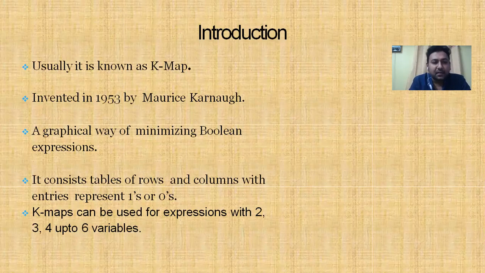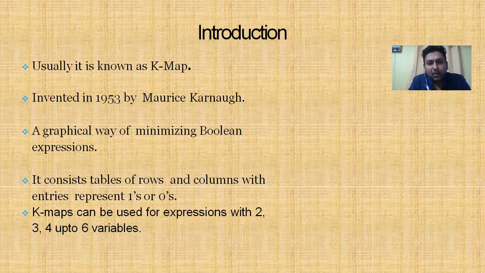It is basically a graphical way of representing Boolean functions, and it is used to minimize the Boolean function. How can we minimize and simplify the function? There is another way, that is Boolean algebra, but it is sometimes difficult to minimize things.